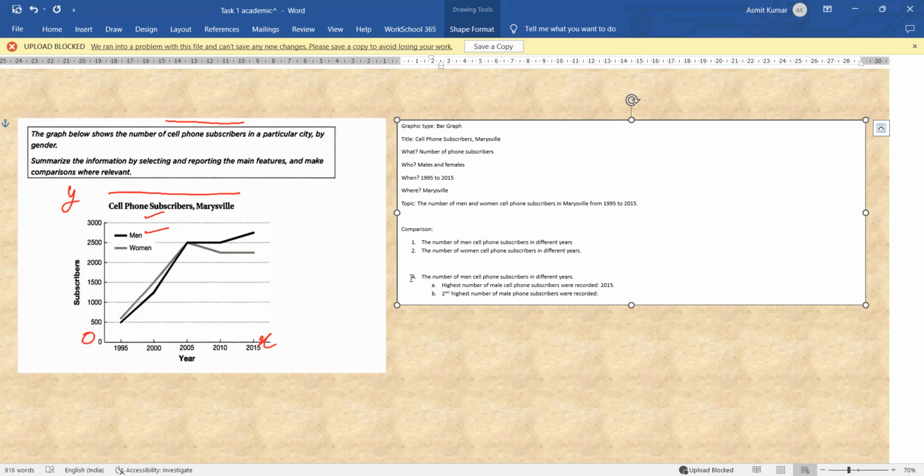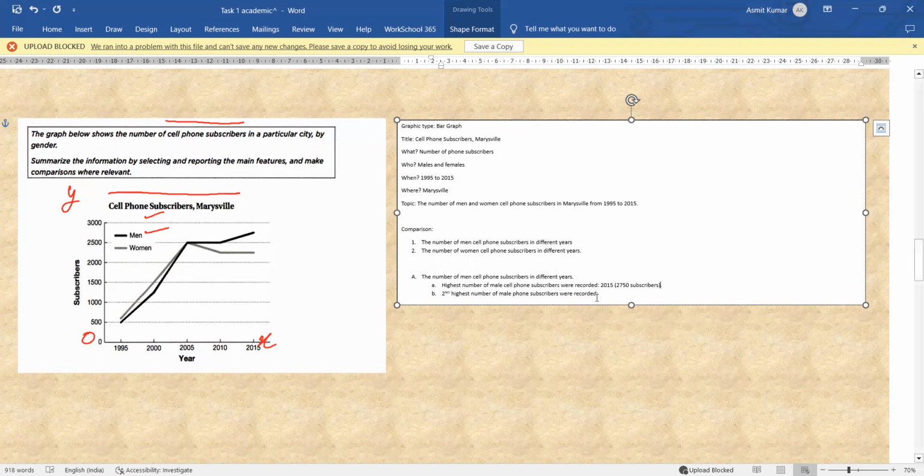We can see here, see the diagram between 2005 to 2010. And here the number of subscribers were around 2500, and here 2750. We must write it in bracket 2750 subscribers that we have written here.